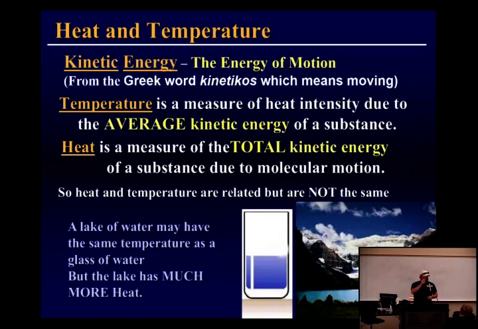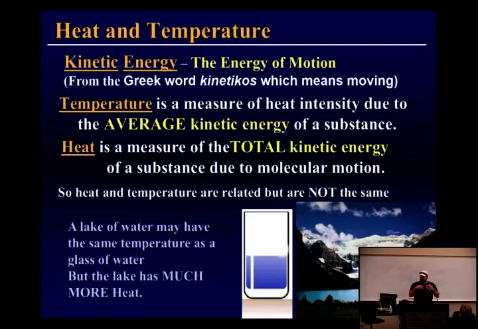So why does water have kinetic energy, and what does that mean? It means the molecules are moving, right? The more energy they have, the faster they move, and the less energy they have, the slower they move. Good.